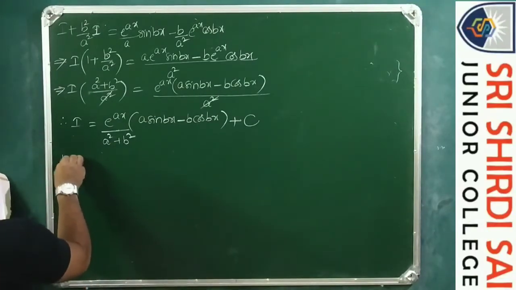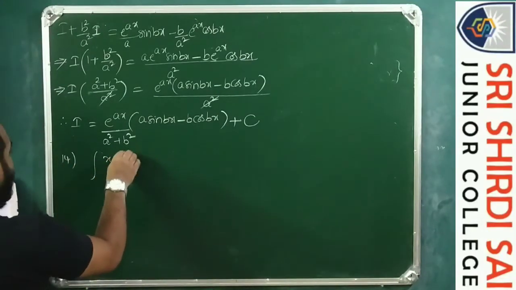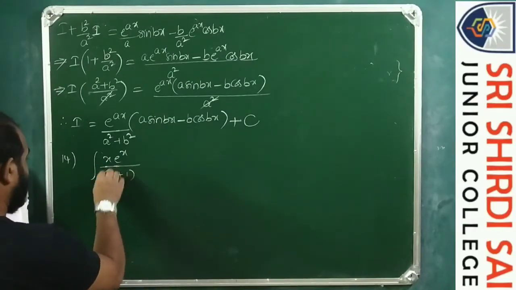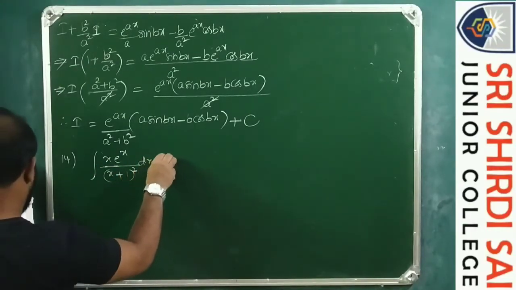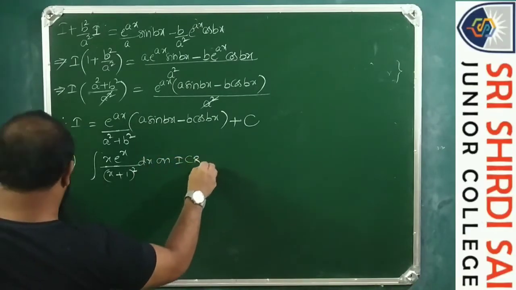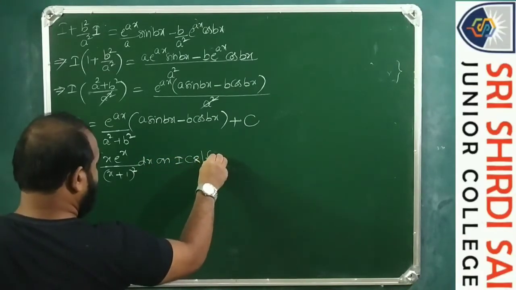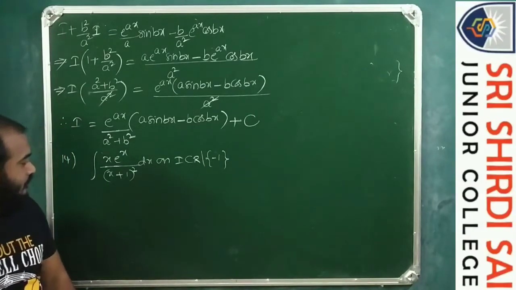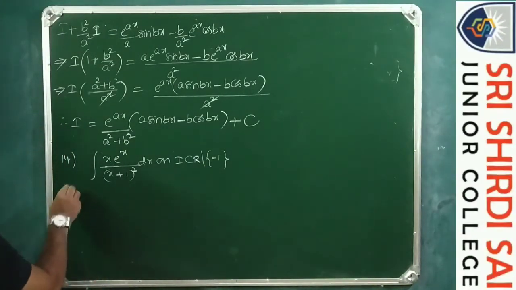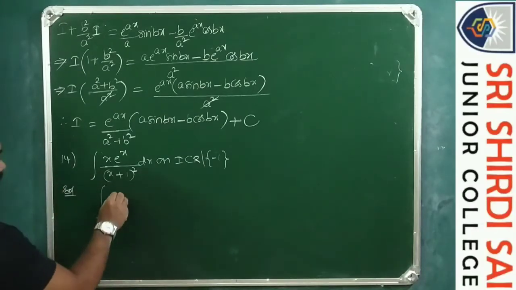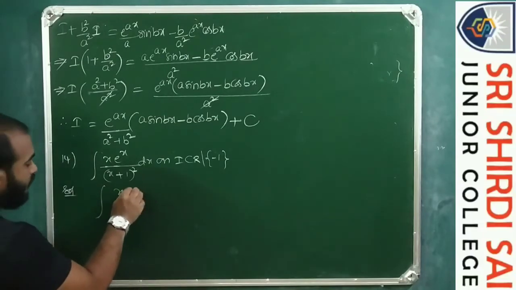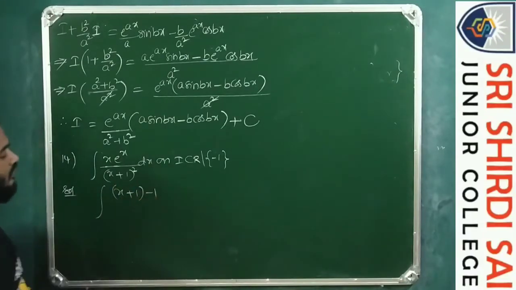It is integral x e power x by x plus 1 whole square dx, on I, a subset of R such that x is not equal to minus 1. So this is equals to x e power x; I am writing x as x plus 1 minus 1.